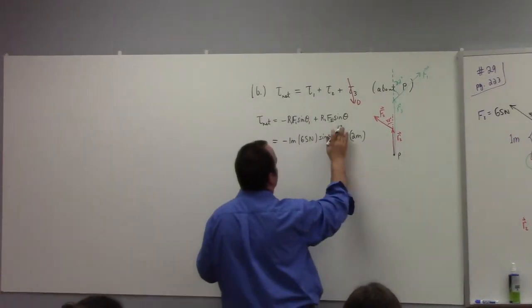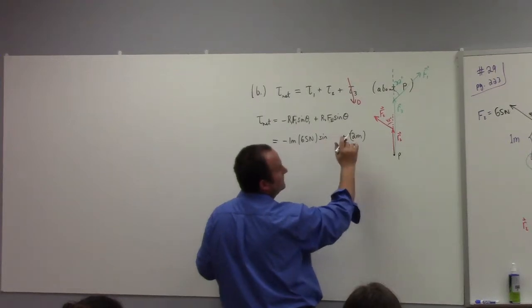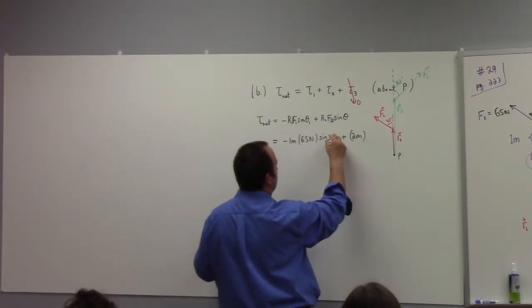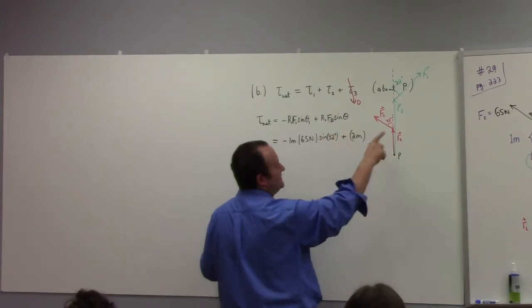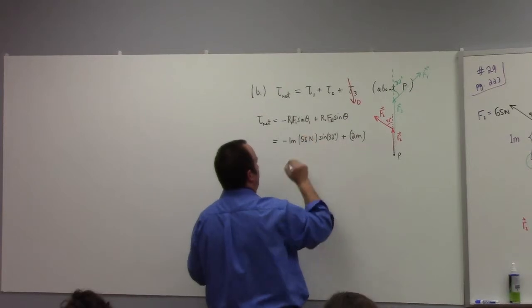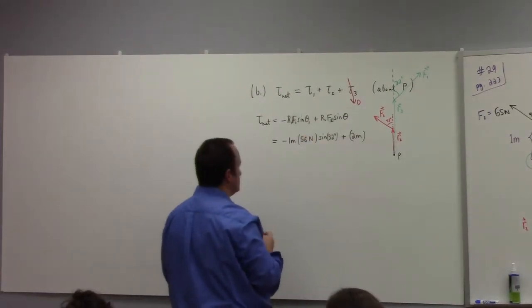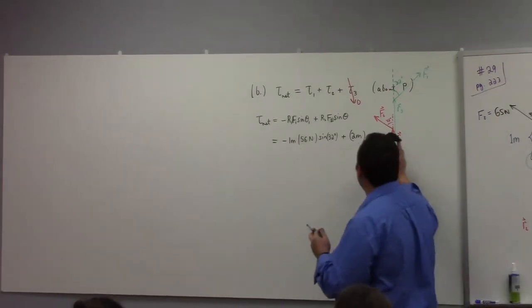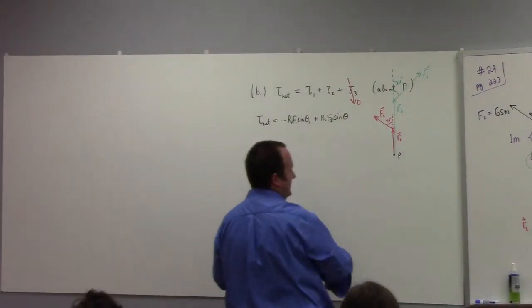I'm wrong. And that was supposed to be what? The sine of 32 degrees. So this is supposed to be torque 1. Torque 1 is based on F1, which was 56 newtons, right? Sorry, I've lost my... Let's try this again.